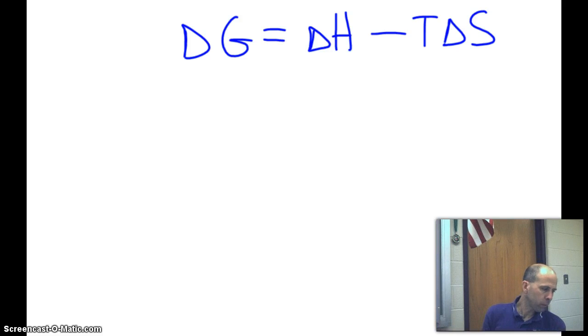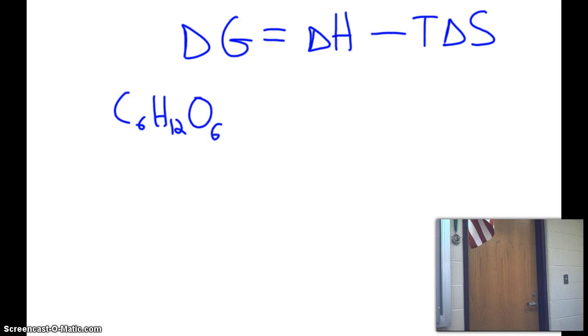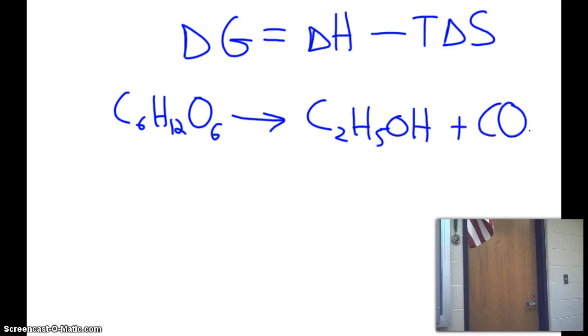So on page 364 in your book, they have an equation of fermentation, actually, of glucose becoming alcohol and carbon dioxide. The equation here is C6H12O6, which is a simple sugar glucose, and we're getting C2H5OH, which is ethyl alcohol, and we're getting 2 moles in the balanced equation.